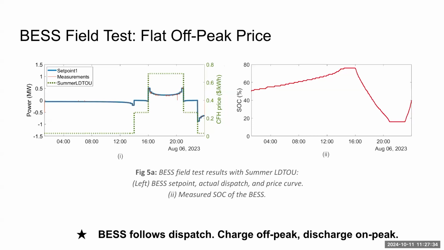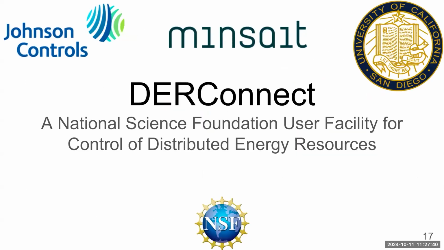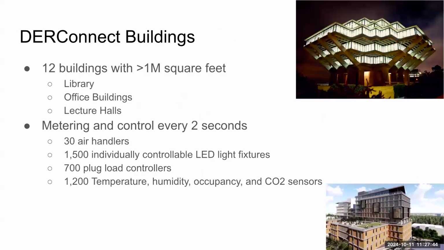Yeah. For DERConnect, you had to do a lot of upfront work to create really deep metering in buildings and create a lot of relationships with CalFlex and also the utilities, making sure that it's all connected well.